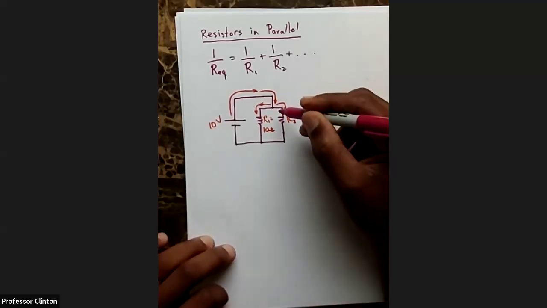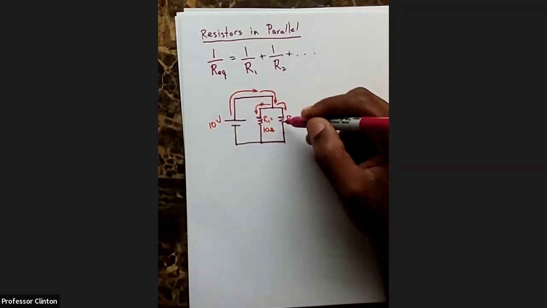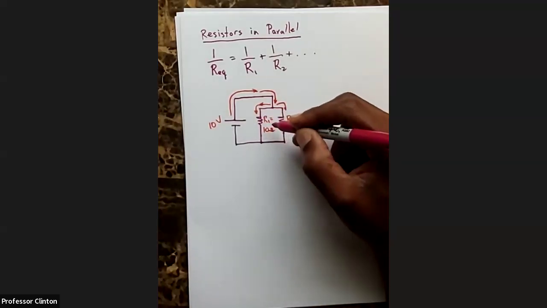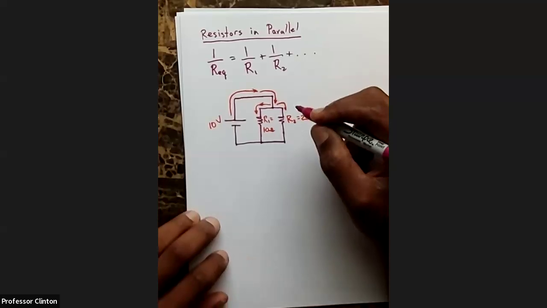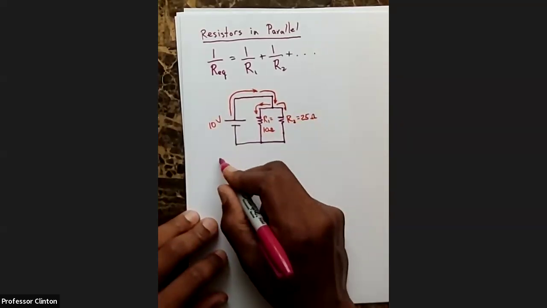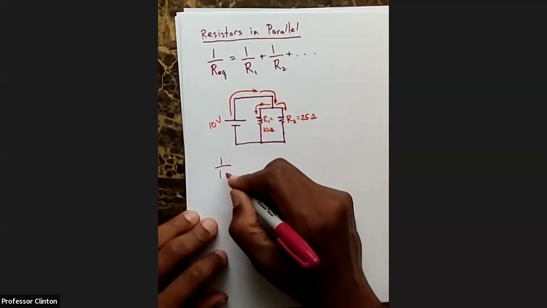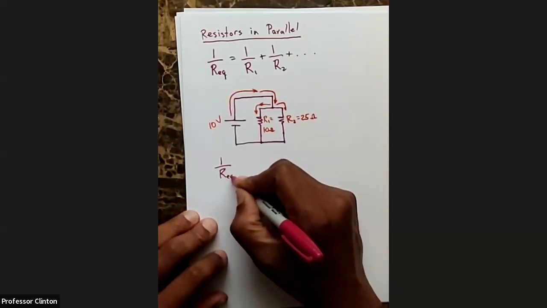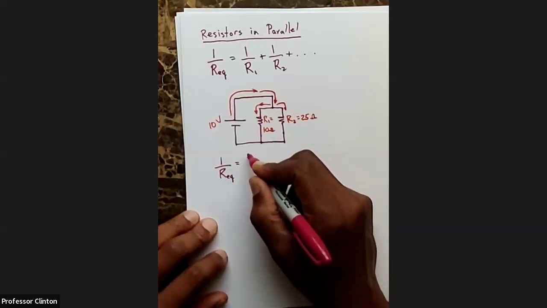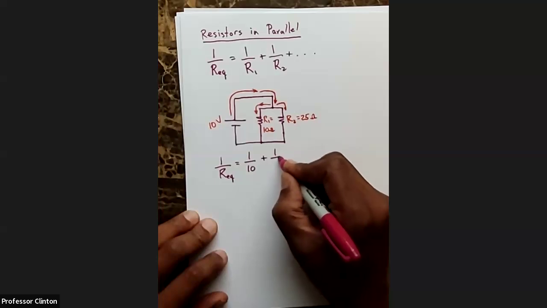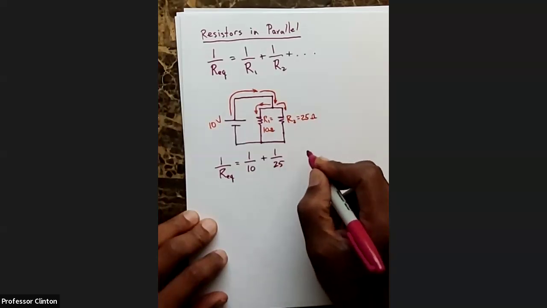Okay, so in this case, again, these two resistors are in parallel. And so let's see if we can do the math on this one. So 1 over R equivalent is going to be equal to 1 over 10 plus 1 over 25.